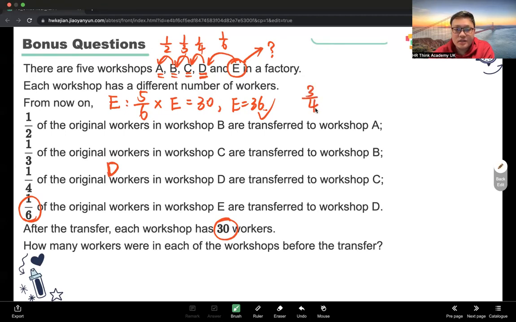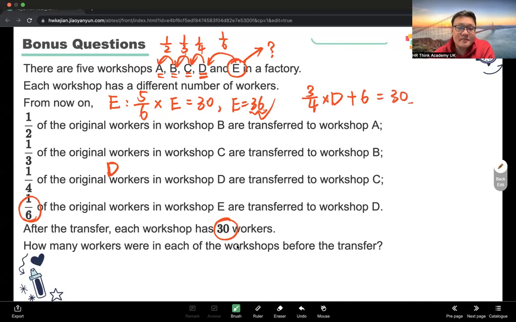That means 3/4 times the original number of workers in D. You have to add that 6, right? Because E is going to transfer 1/6 of its original workers to D. That will be 1/6 times 36. You got 6. Because workshop D will receive 6 from E. And that way you got 30.